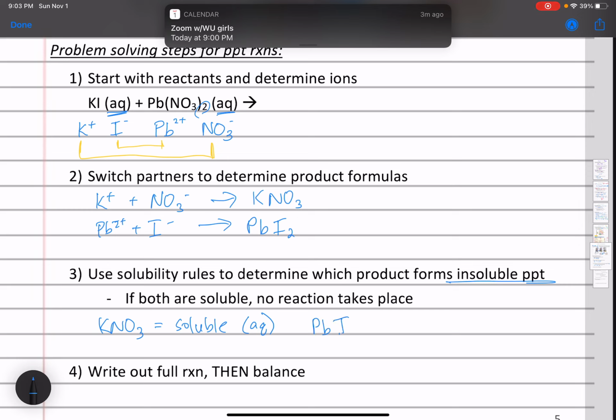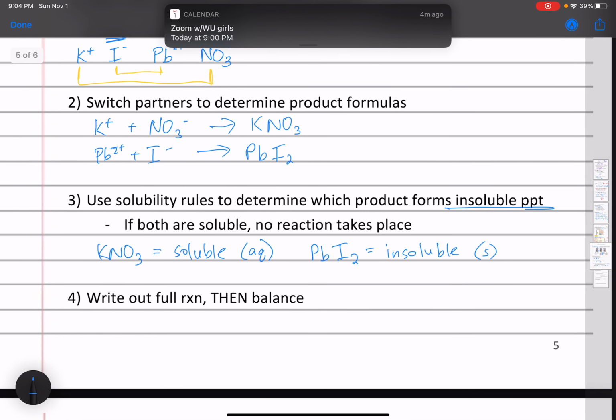Lead iodide: iodides are usually soluble, but one of the exceptions is if it's bound to lead. So lead iodide, from the solubility rules, is insoluble. In other words, it will remain solid in the solution.